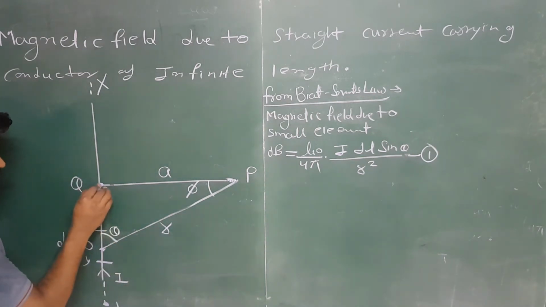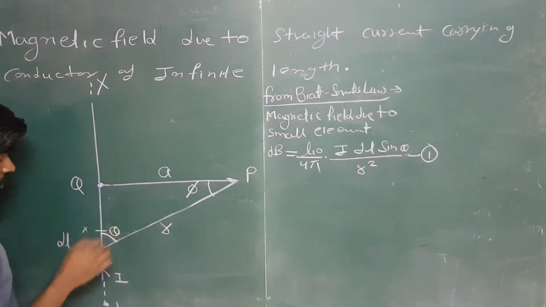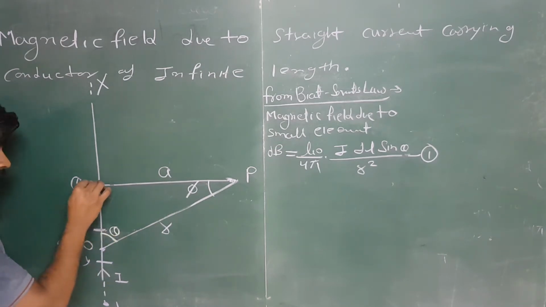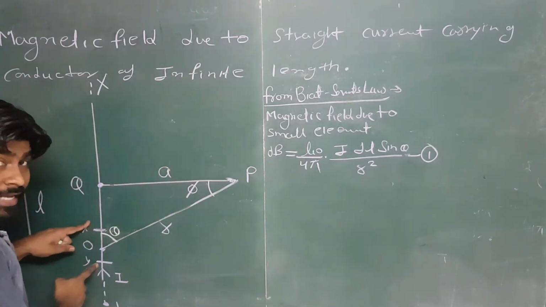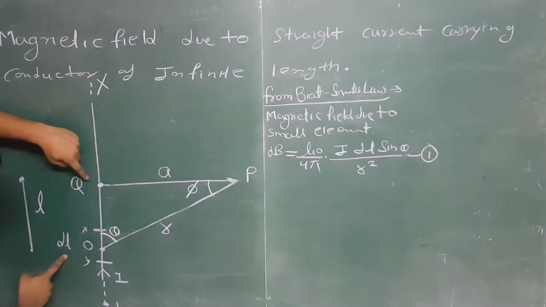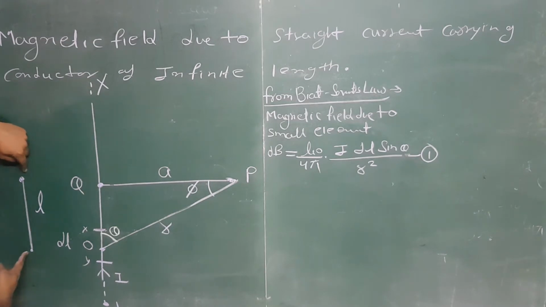Let's suppose this is called the point Q, okay, and this point X is here. The gap between Q and the center of the element dl you can write as L. So what I told, the small element has the length dl, and from Q to the center O, right, the distance is L. Okay, so this is a triangle.